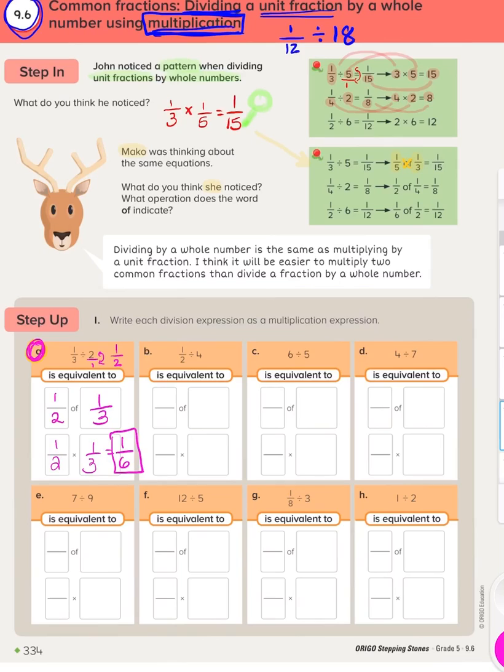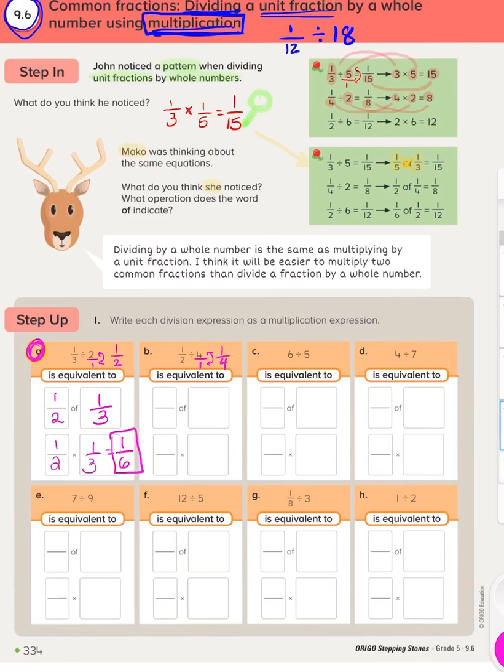Okay, let's look at this one. It says blank of blank. So I know 4 wholes is 4 over 1, right? Any whole is that number over 1. I'm going to flip it upside down. So instead of being 4 wholes, it'll be 1 over 4, correct?